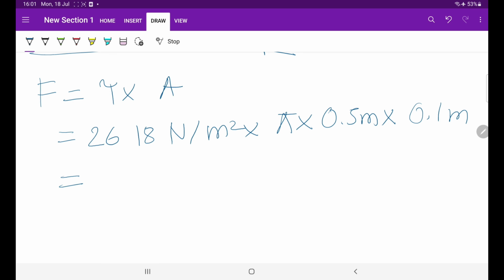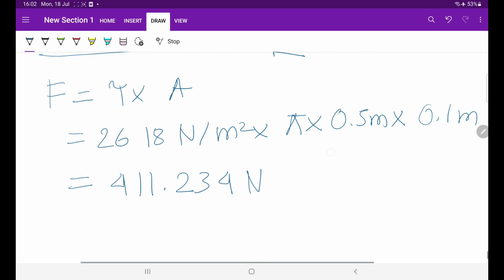So force is 2618 into pi into 0.5 into 0.1. This will be 411.234 Newton.